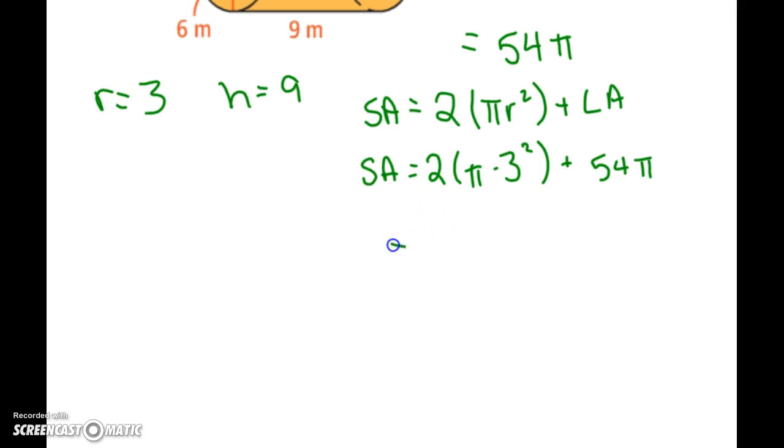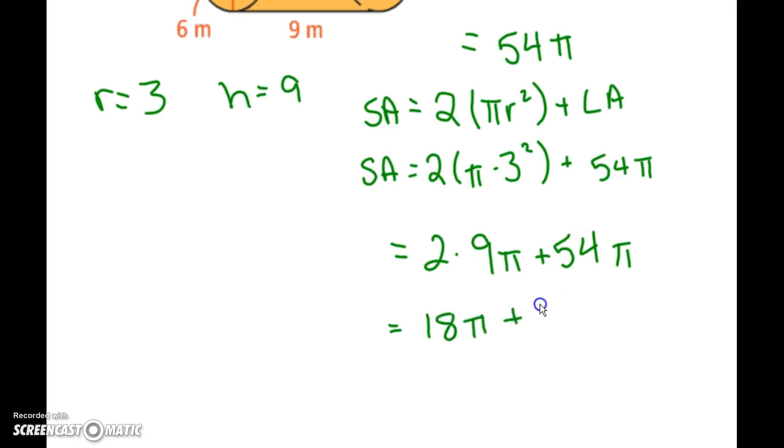So this becomes 2 times 9 pi plus 54 pi, or 18 pi plus 54 pi, which equals 72 pi. And my units are in meters squared.